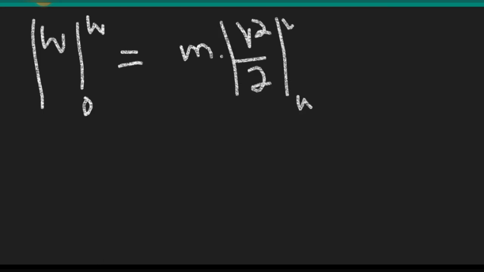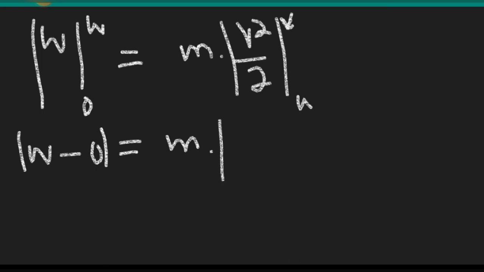Giving the limits, W minus 0 is equal to m, giving the upper limit v, it will be v square by 2, minus the lower limit, u square by 2.